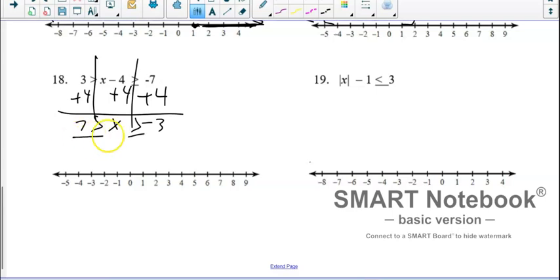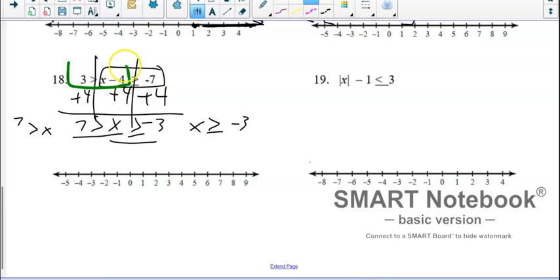Now, if you just look at them separately, this says x is less than 7. And this says x is greater than or equal to negative 3. You technically could have just done this as one problem and done this as another problem, and you'd end up with the same answer.